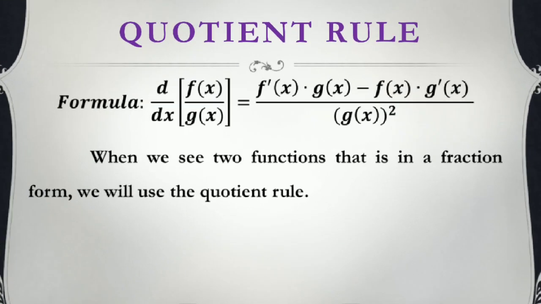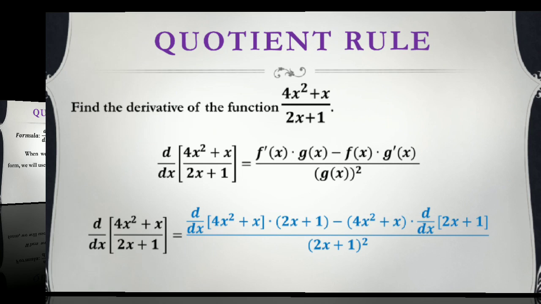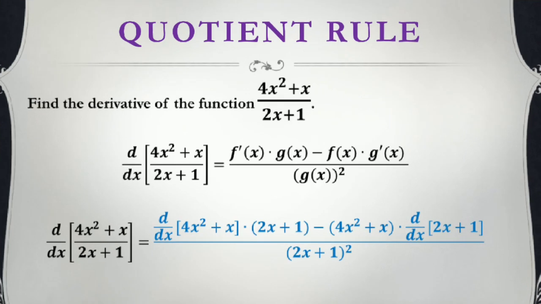And now for the quotient rule. You can see on the screen the formula of the quotient rule. When we see two functions in a fraction form, we will use the quotient rule. Find the derivative of the function 4x squared plus x over 2x plus 1. Now, using the formula of the quotient rule, we will get the derivative of the given.